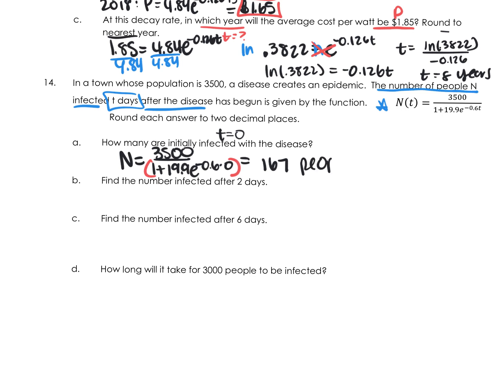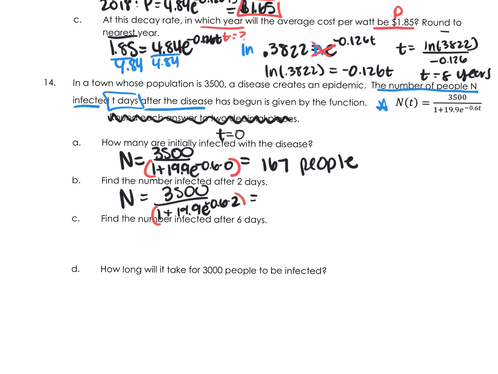We'll round to the nearest whole number, because we don't want partial people. Then after 2 days, we'll plug in 2 for t. Type that into your calculator.